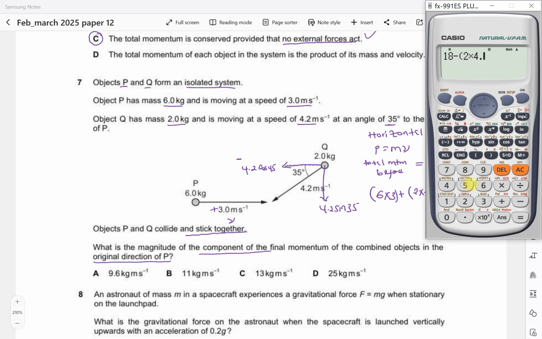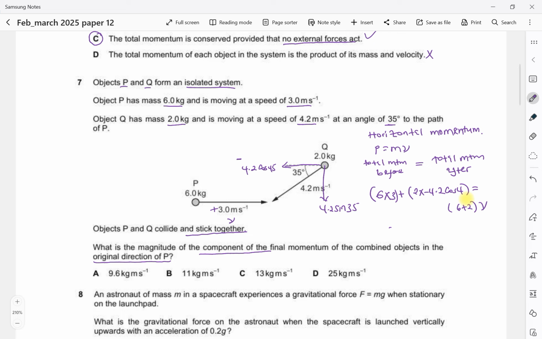So this gives us 18 minus 2 times 4.2 cos of 35. I was writing 45 instead of 35, that is called a transcription error. So 4.2 cos 35.